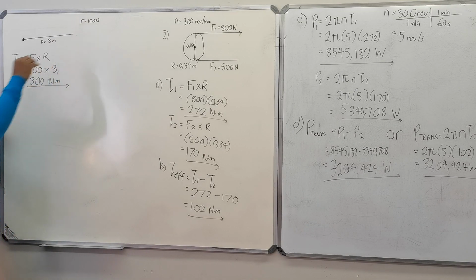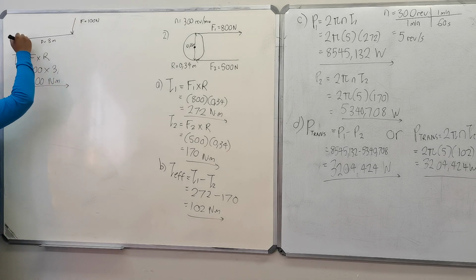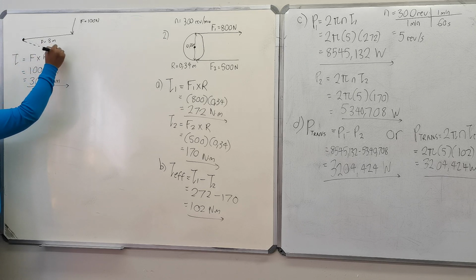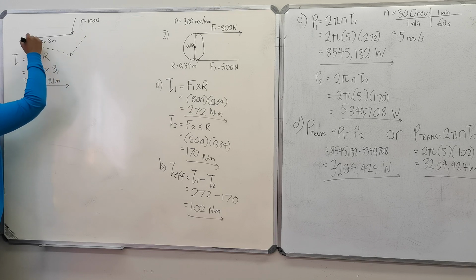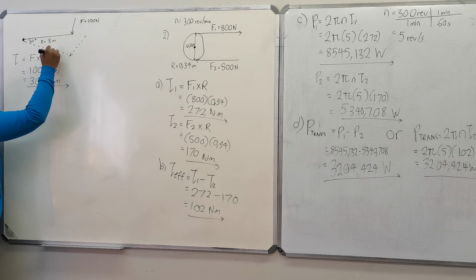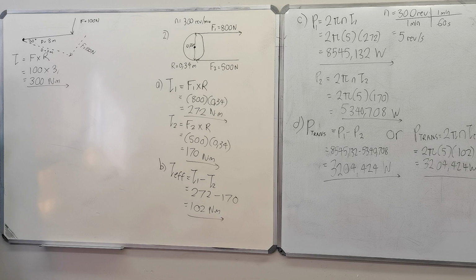Calculate the work done when the nut is turned through an angle of 30 degrees, meaning that from this point here, it's basically turned 30 degrees. This here is 30 degrees. So this D is still 3 meters. This force applied is still 100 newtons. You understand the difference?